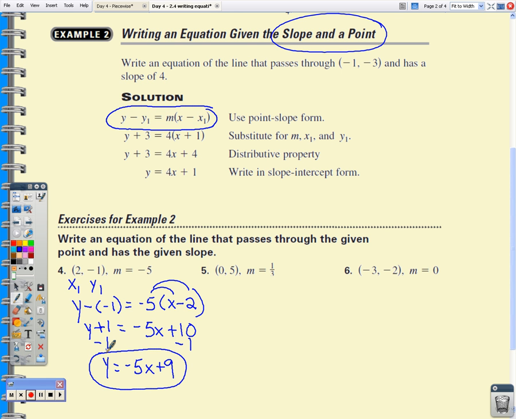Okay, we have another one. Now we have x1, y1, y minus y1 is 5 equals the slope, that's 1/3, times x minus x1. We're going to distribute again.